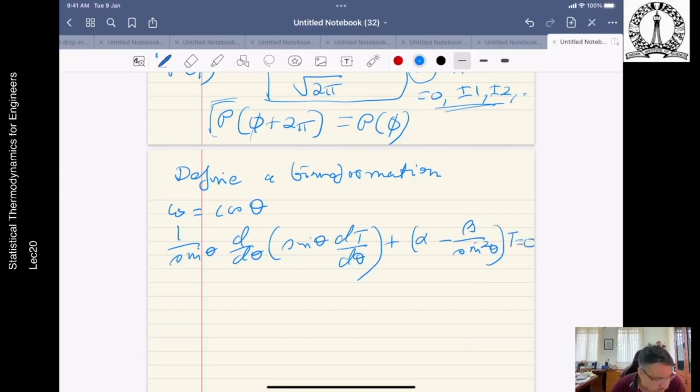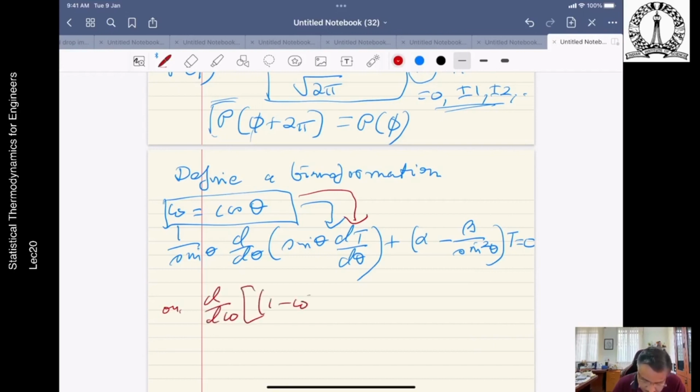This we remember, this is for theta. Now if we replace omega equal to cos theta in this particular expression, what do you get? d by d omega of 1 minus omega squared dT by d omega, plus alpha minus m squared over 1 minus omega squared, T is equal to 0.